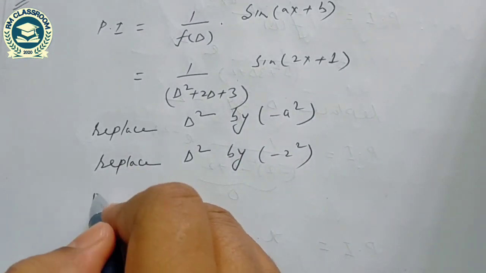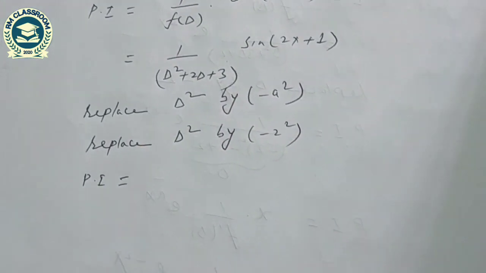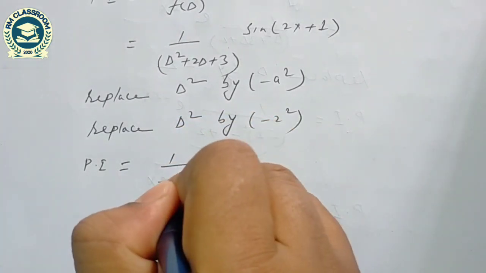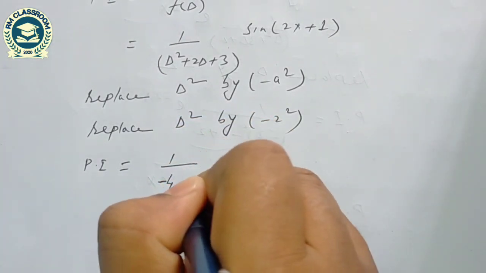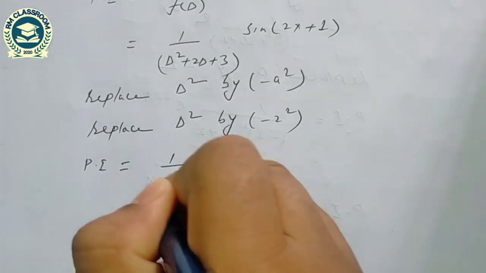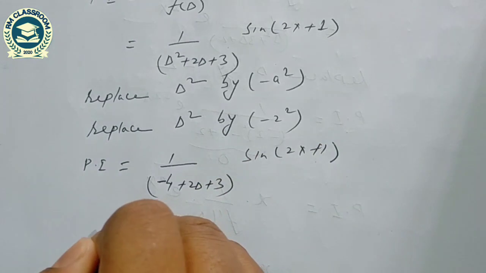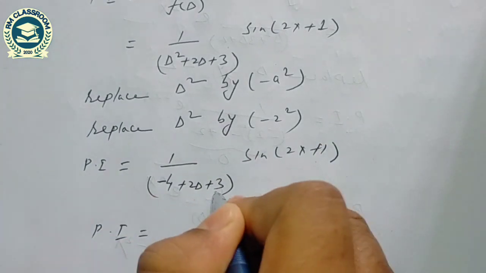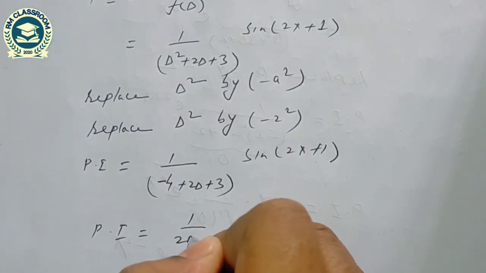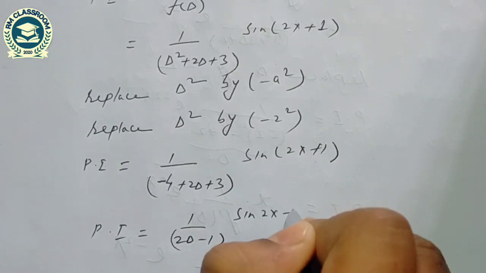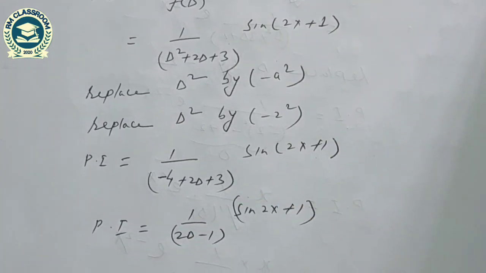So the particular integral is equal to 1 by -4 + 2D + 3 into sin(2x + 1). So the particular integral is 1 by (2D - 1) sin(2x + 1).